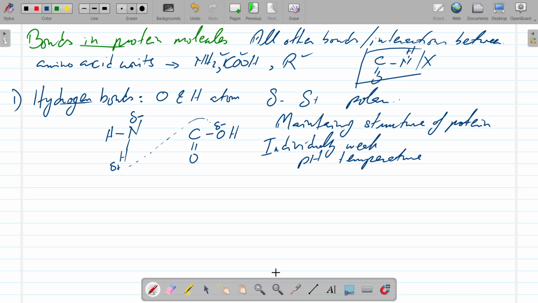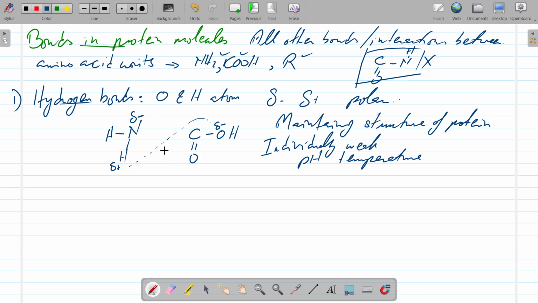So one is weak, but thousands and millions of weak bonds together are strong. Just like the analogy, a single thread is easy to break, but a rope isn't. Ropes are made of threads, but put together they're stronger. So that analogy fits.